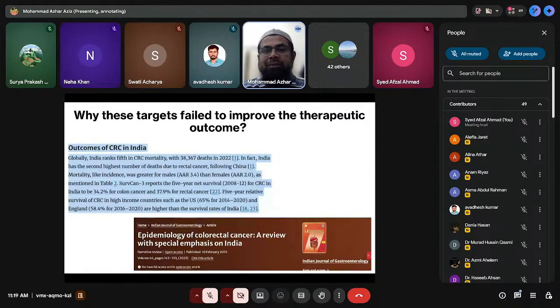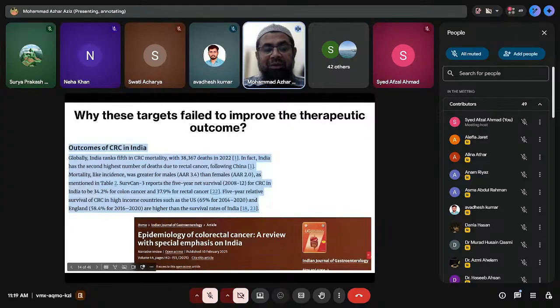the message box. Okay, so globally, India ranks 5th in CRC mortality with 38,000 deaths in 2022 alone. And still, if you see the 5-year relative survival of colorectal cancer, it's pretty high in the US and other countries. India is just second to China in rectal cancers, which is an alarming situation.